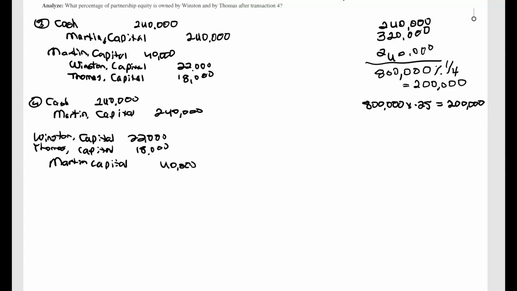Okay, so in number 4, we took the 800,000 and multiplied it by 0.35, and that is where you get that 40,000 difference on the next one.